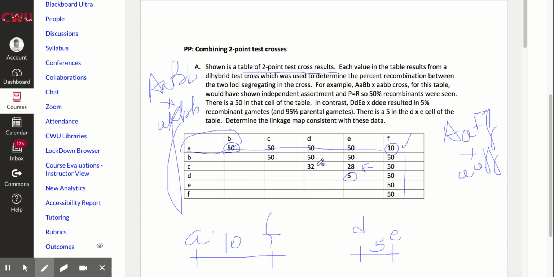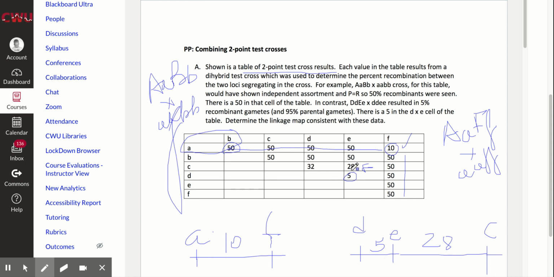C to D is bigger than C to E. That means that C must be closer to E, because the C to E distance is smaller. So C is closer to E than it is to D.